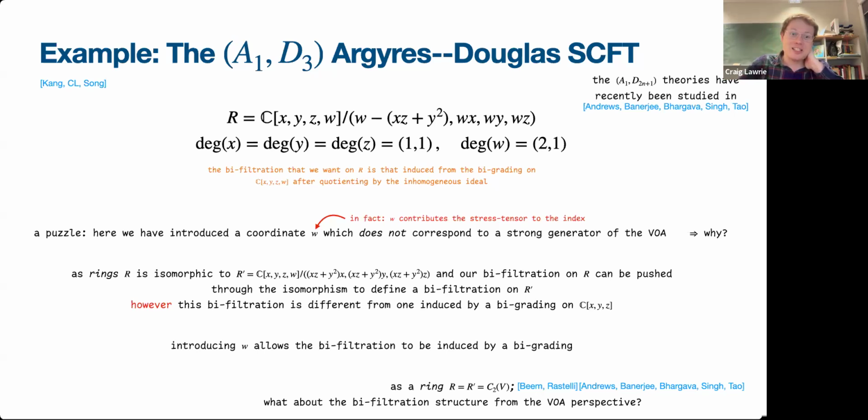For the A1, A2 theory, for example, that I mentioned at the start, where the ring is given by C of x mod x squared, there's this very nice result, which I mentioned right at the start, where some mathematicians actually computed the Hilbert series of the arc space analytically.